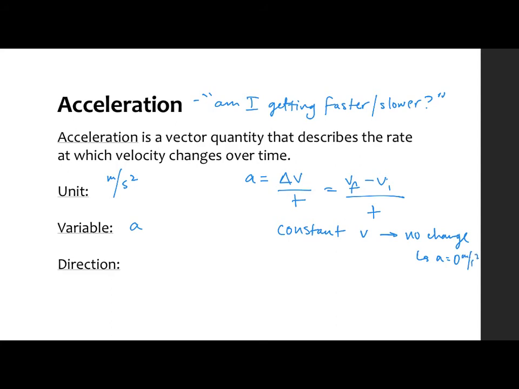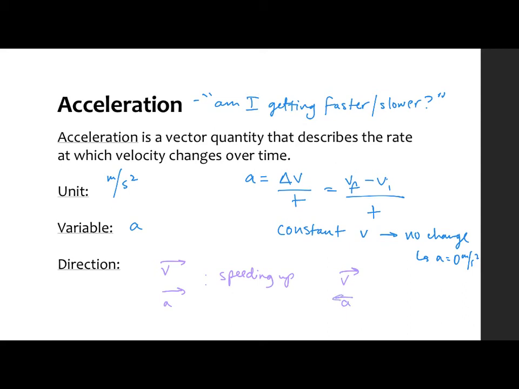Now, talking about direction, you need to focus on the direction of the arrows. If you're moving to the right and you're speeding up, that means your acceleration is also directed to the right. That means you're moving to the right and pressing on the gas pedal, so you're speeding up. But let's say you're moving to the right, but your acceleration is directed backwards.